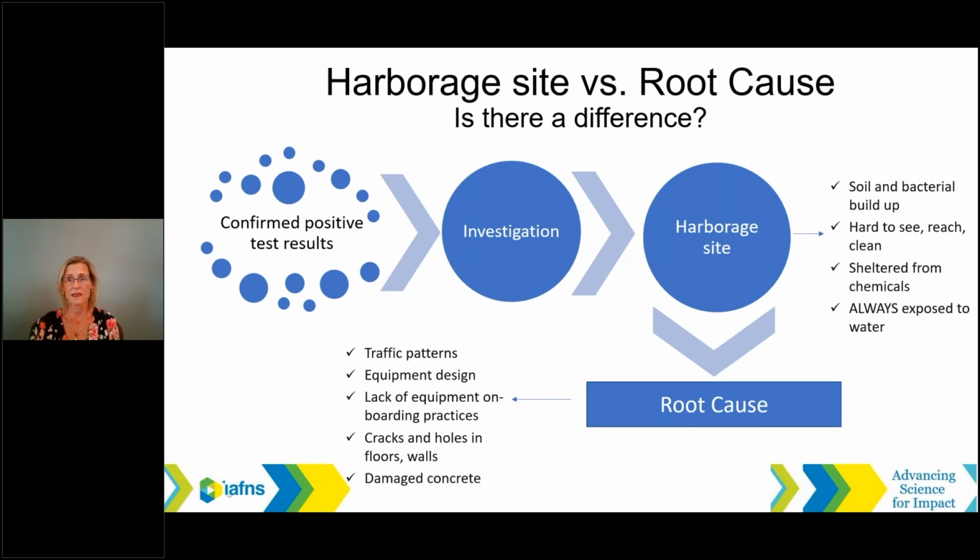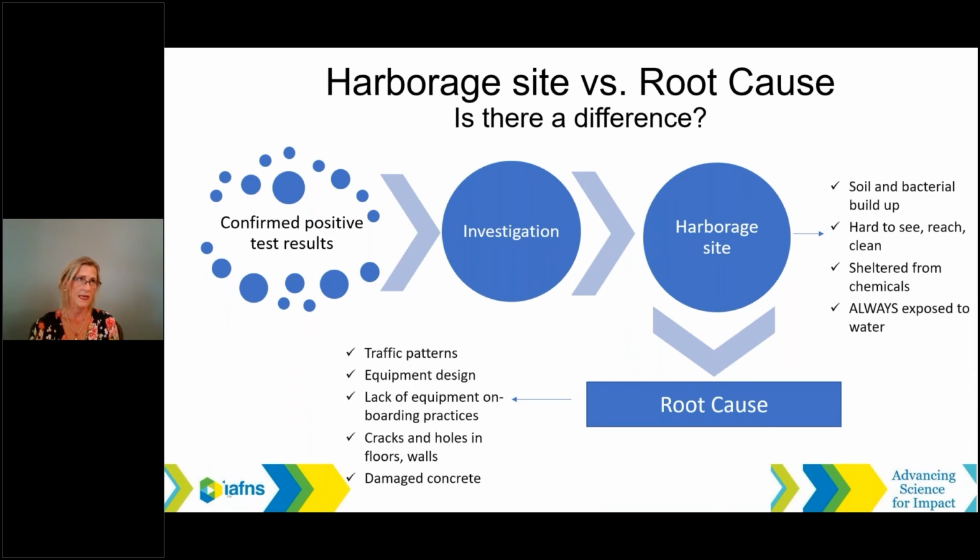Root causes for development of a harborage site address how the bacteria got into the ready-to-eat production area. That's number one. And number two is, once it's in that area, how did it take hold? Root causes can be traffic patterns, equipment design, a lack of equipment onboarding procedures, cracks and holes in floors and walls, and damaged concrete.